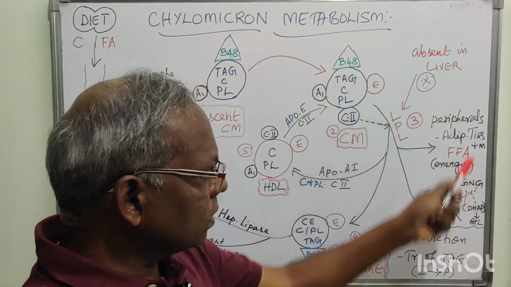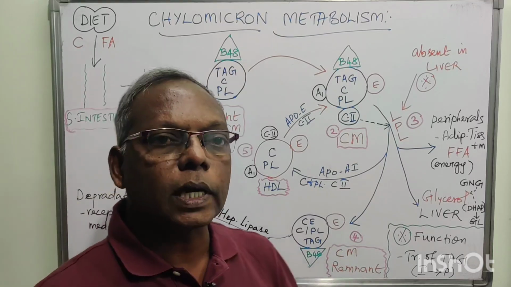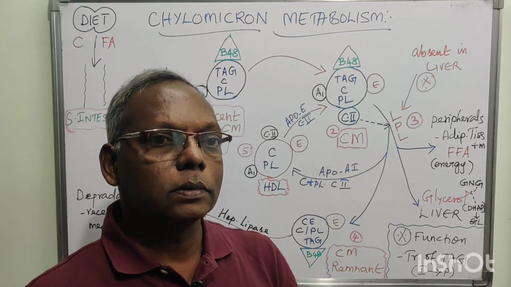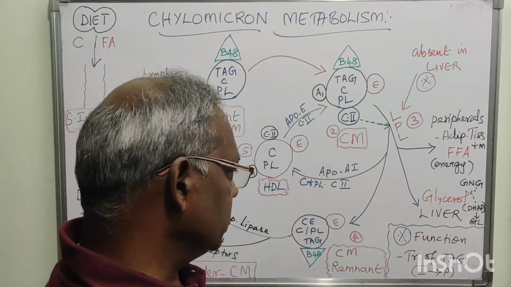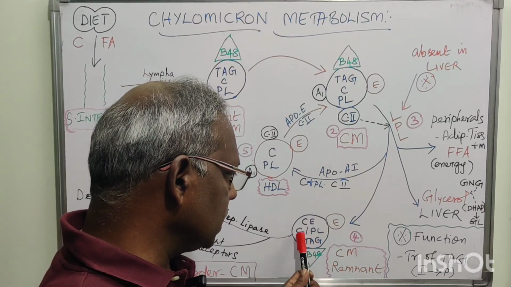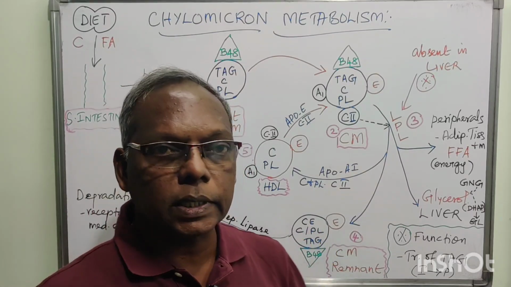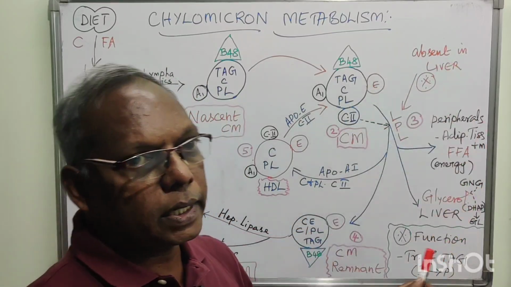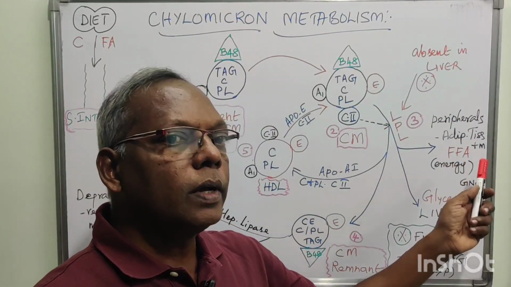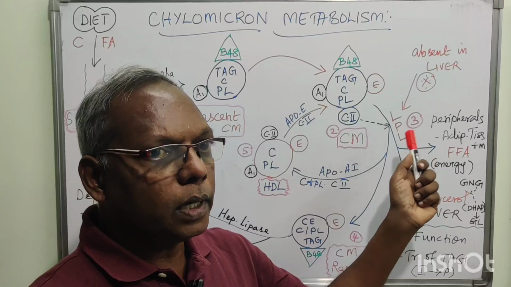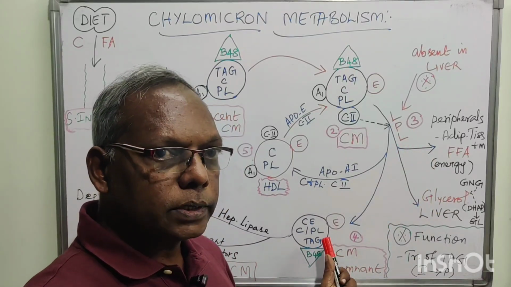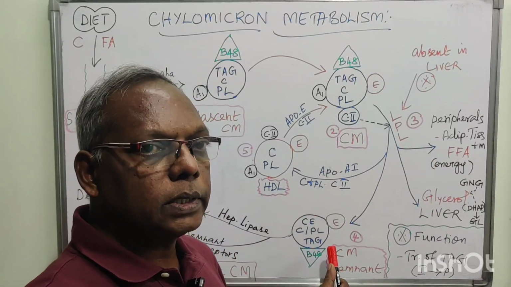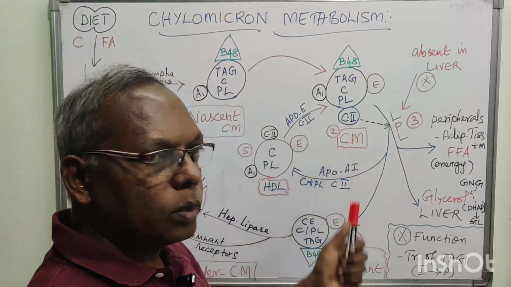After this release, what remains is named chylomicron remnant: cholesterol esters, cholesterol, phospholipids and triacylglycerols in lesser amount, because most of the triacylglycerols are converted into fatty acids and glycerol by LPL. The cholesterol composition is very low, everything is much less compared with the chylomicron.